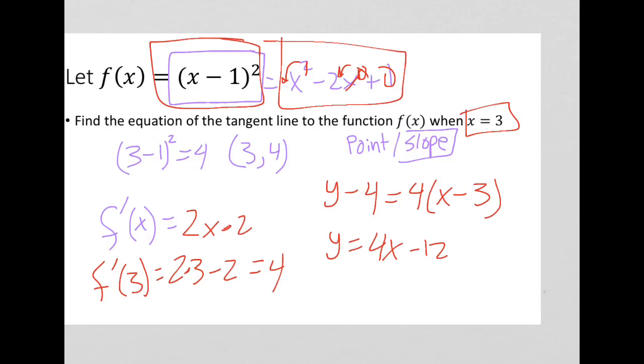And then I'm going to be adding 4 to that to bring that negative 4 over. So we get y equals 4x plus, just kidding, minus 8. And draw the tangent line at the x value of 3 on your calculator, and you should get the same thing.